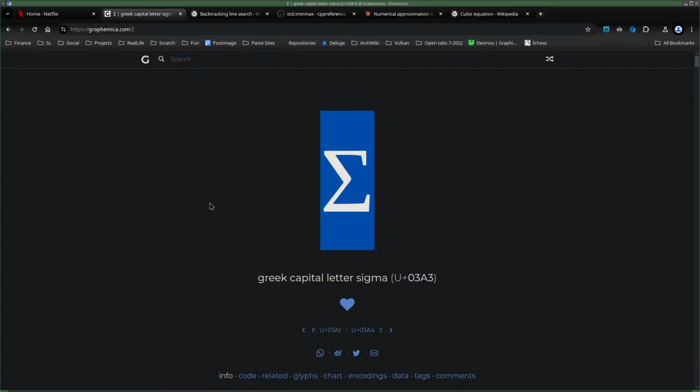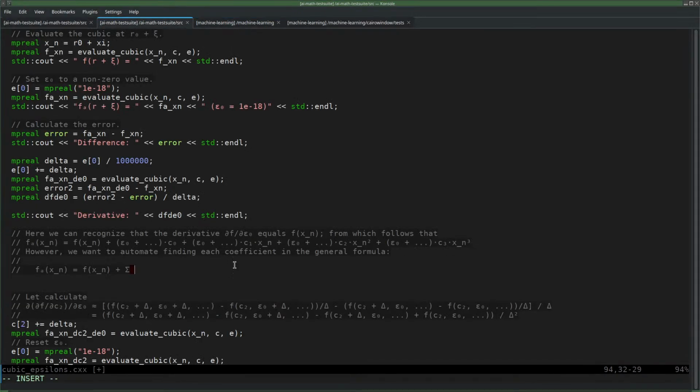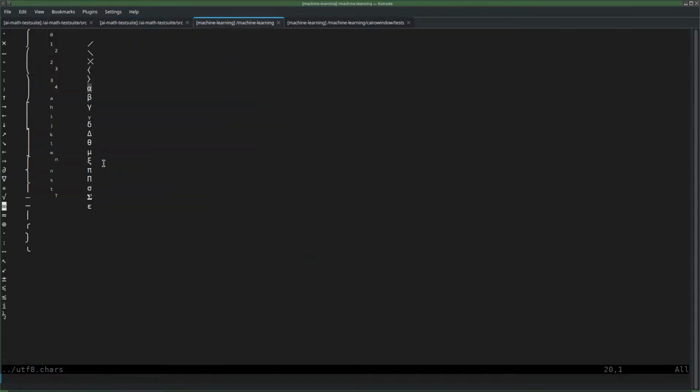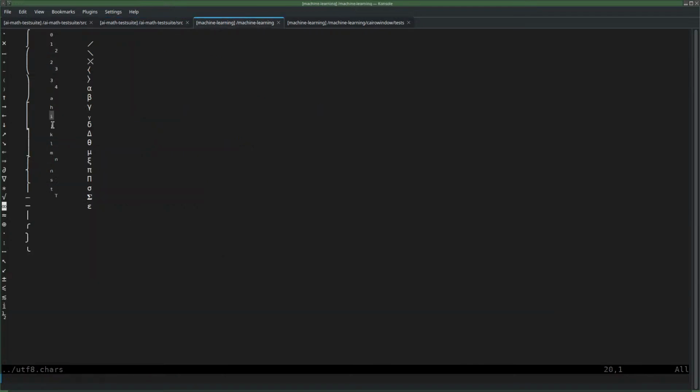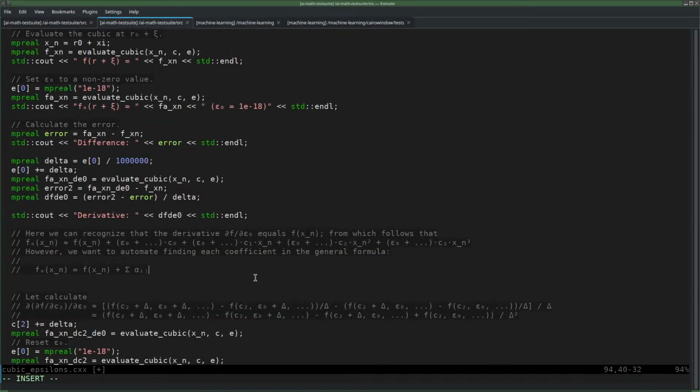So you have an alpha, and then we have two indices, I and j, multiplied with epsilon I. So that would be the whole thing.